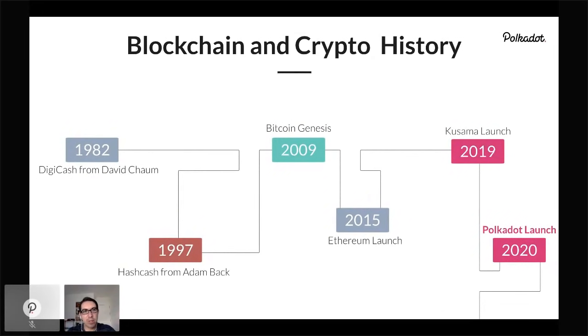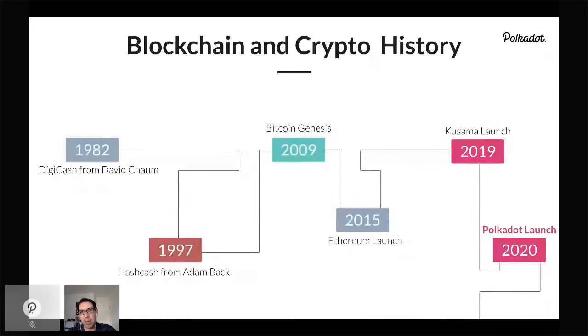There were earlier attempts at creating digital currencies. So DigiCash, for instance, in the 80s allowed for anonymous cash, but the merchants, the people who actually could accept this money, were not anonymous. In 1997, a lot of the basic concepts of Bitcoin were created by a cryptographer named Adam Back with Hashcash. But Bitcoin really brought everything together.